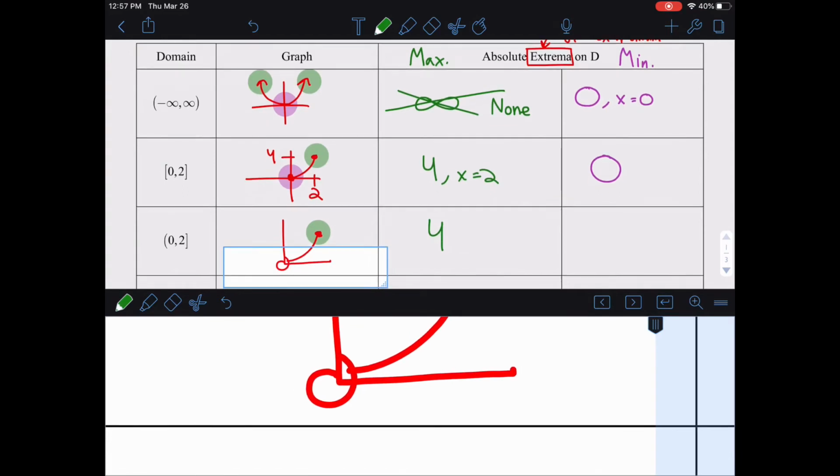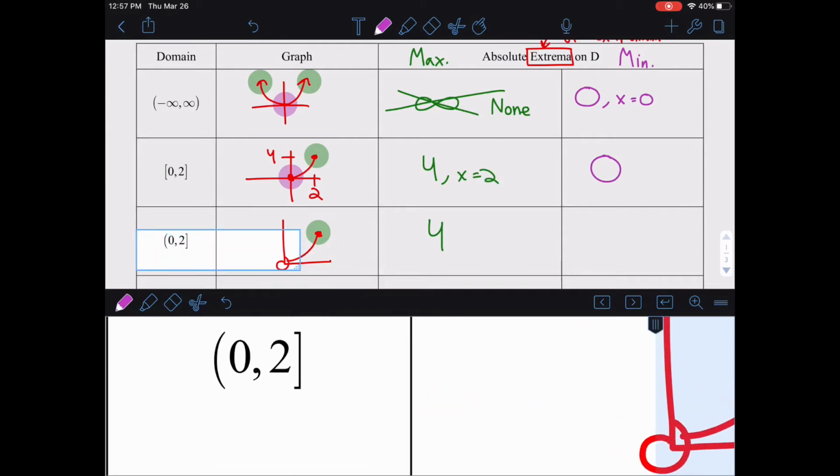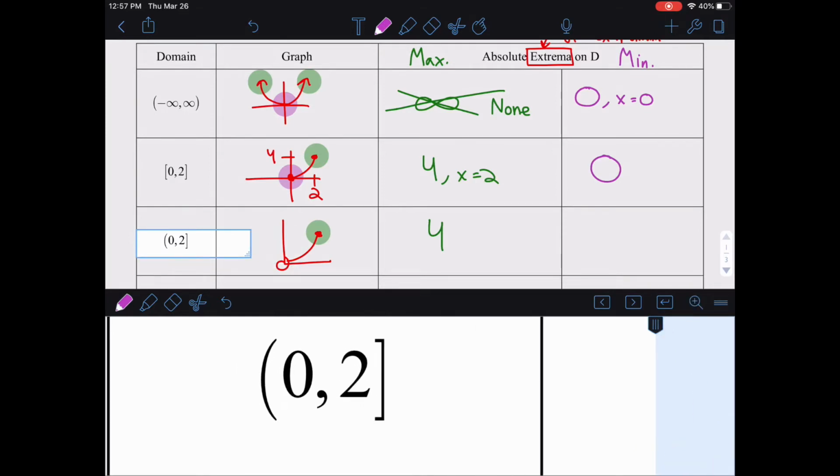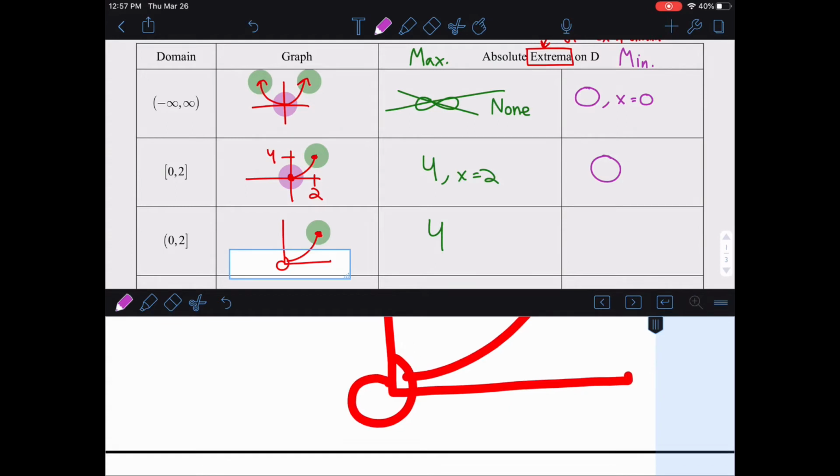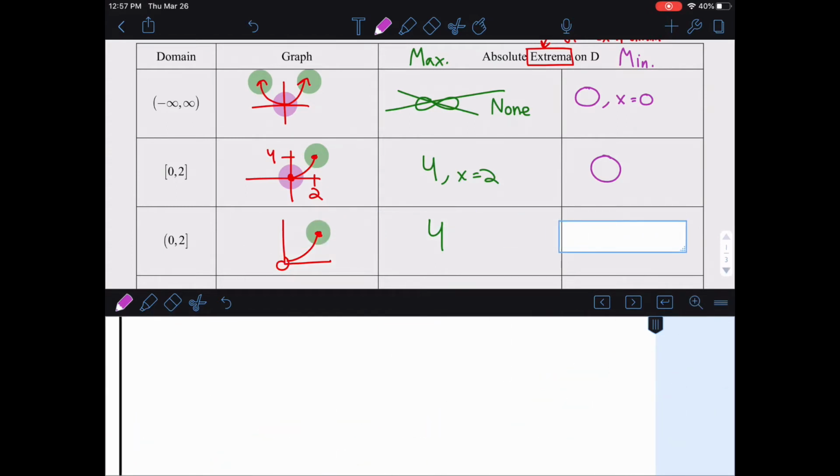But what's my absolute minimum going to be now? What's the smallest y value that is included? It has to be part of the function based on the domain that we have. So parentheses 0, 0 squared is 0. That point is not included here, and so there is no minimum.